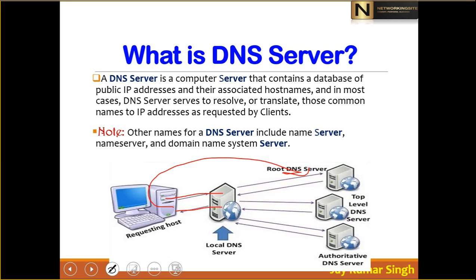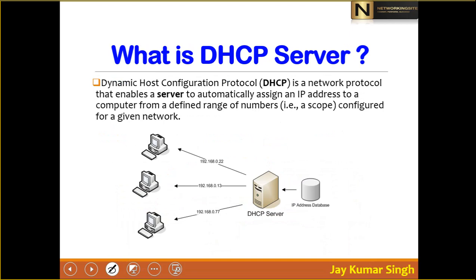Now we will talk about the DHCP server. What is a DHCP server? As I told you, we have two options to assign an IP address to our system: one is static and the second is dynamic.